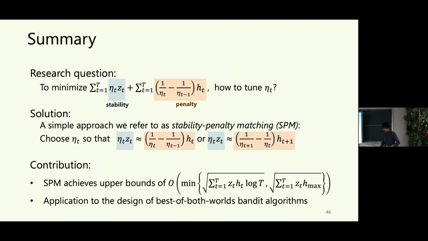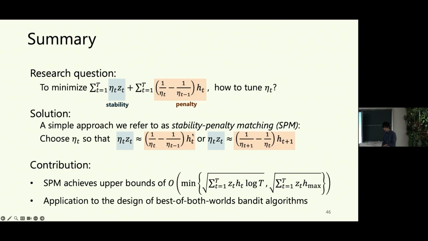To summarize, the main research question is how to tune the learning rate to minimize this. And our solution is simply to choose eta t so that the value of stability and penalty matches.